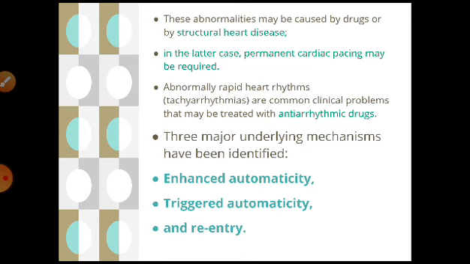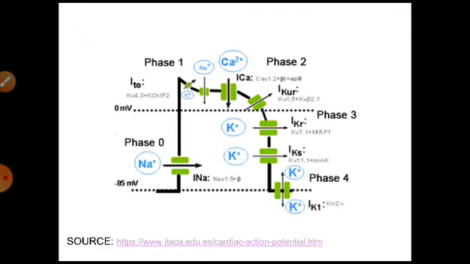Here we have three main mechanisms. One is enhanced automaticity, second is triggered automaticity, and third is re-entry. Before understanding the enhanced automaticity or the triggered automaticity, I just want to brush you up on the impulse generation in the cardiac cells, right?